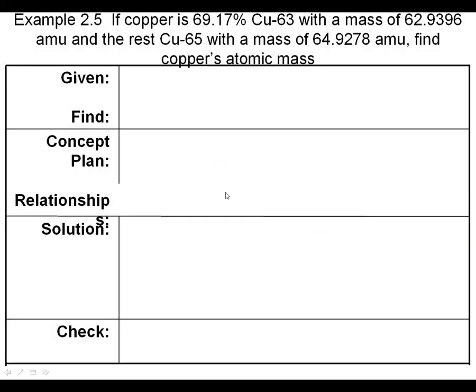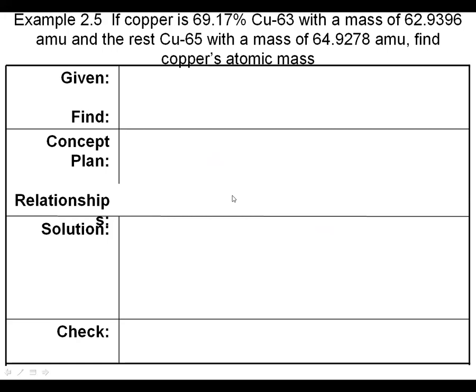So for example, if we look at a problem like this, if copper is 69.17% copper 63, and it has a mass of 62.9396, and the rest is copper 65 with a mass of 64.9278, and we want to find copper's atomic mass.